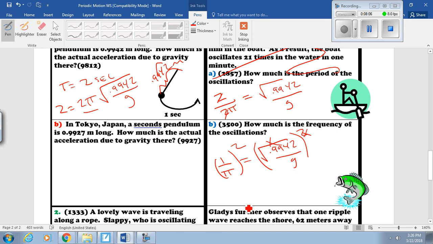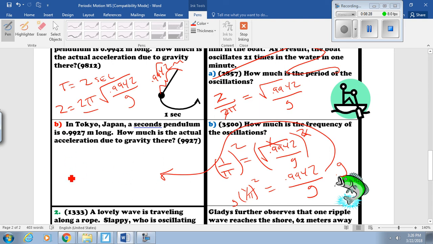So then you need to get rid of this square root, so square that, and square that over here. So now 1 over pi squared equals 0.9942 over g. Multiply g on each side. It's all kinds of sloppy, but oh well. I'm going to go with it.